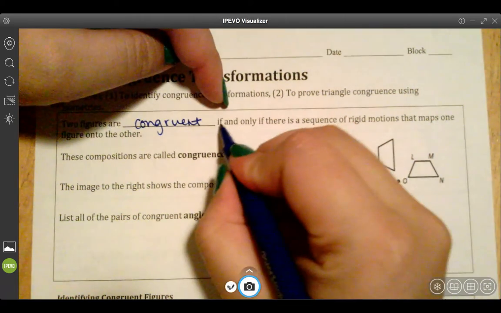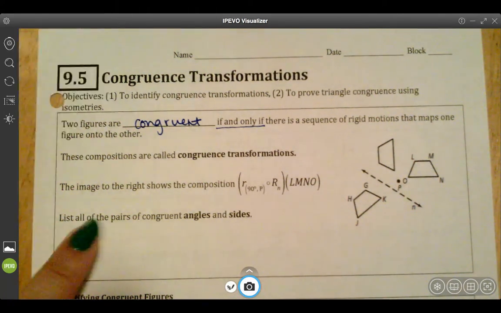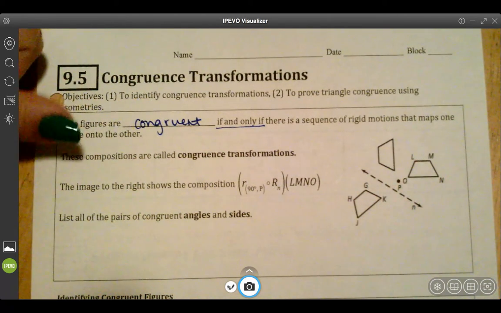If and only if means we can do it backwards as well. If they're congruent, then I should be able to map one onto the other. I should be able to move one using all of these isometries to put it directly on top of the other. Okay, so when we're proving congruence or using congruence to write these transformations, it's called congruence transformations. Not a very creative name.